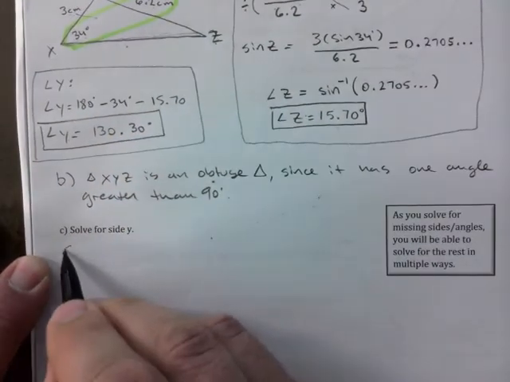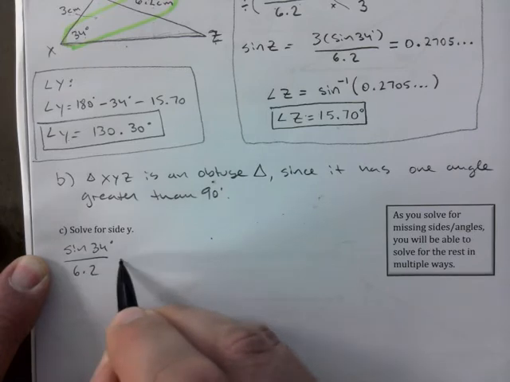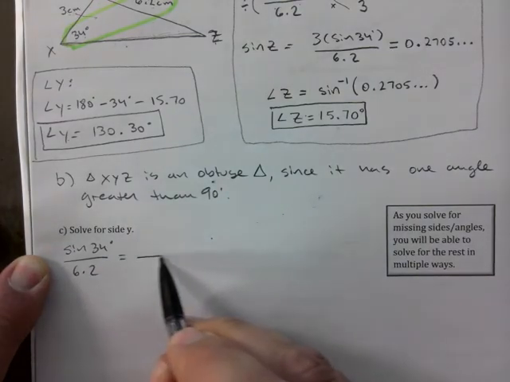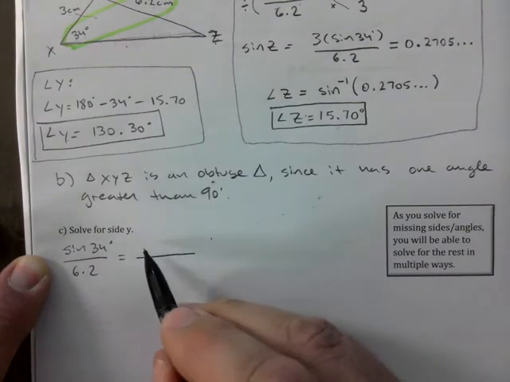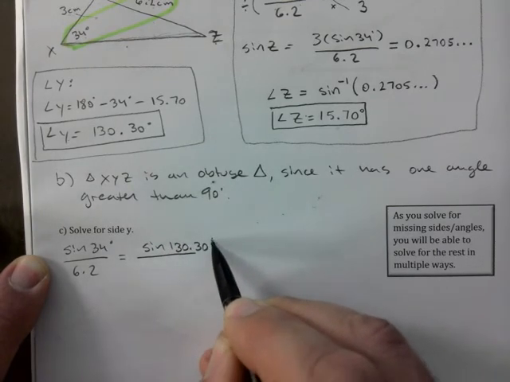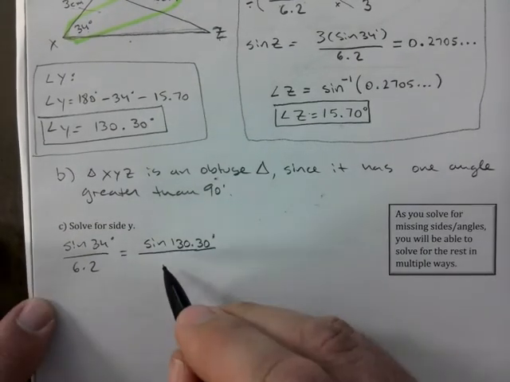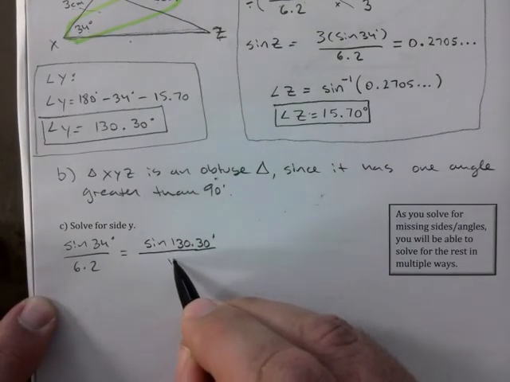So sine of 34 over 6.2 is equal to, I'm going to use sine of 130.30. That's an obtuse angle. No big deal. It still works. And we're going to solve for side y.